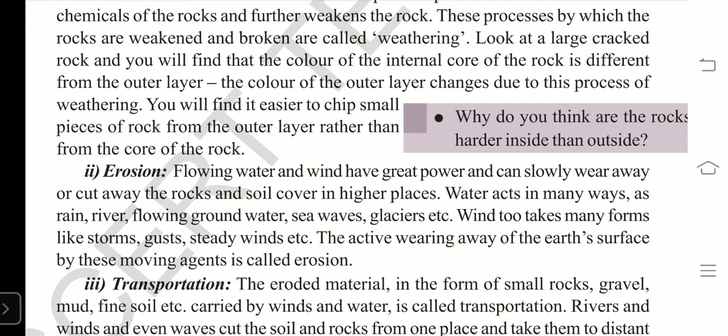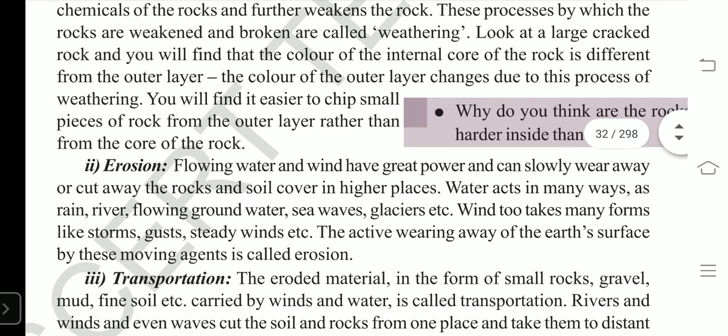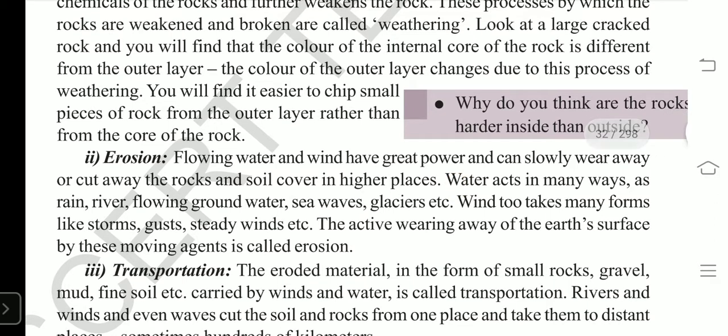The flowing water on the slope of the mountain goes on cutting the surface of the mountain, right? When water flows from the top of the mountain, it can carry big rocks also. Understand? So flowing water and wind have great energy to cut or wear away the rocks and soils in higher places, not at the bottom, right?